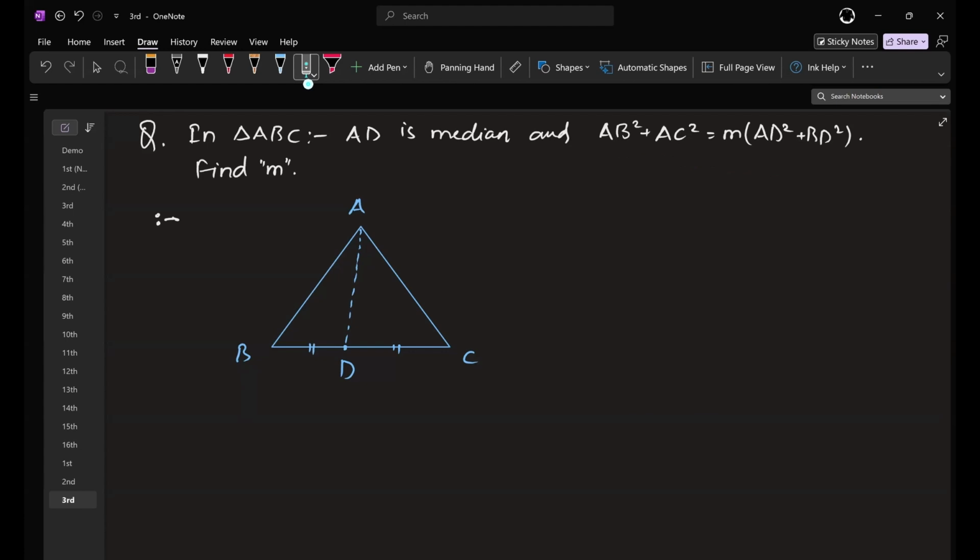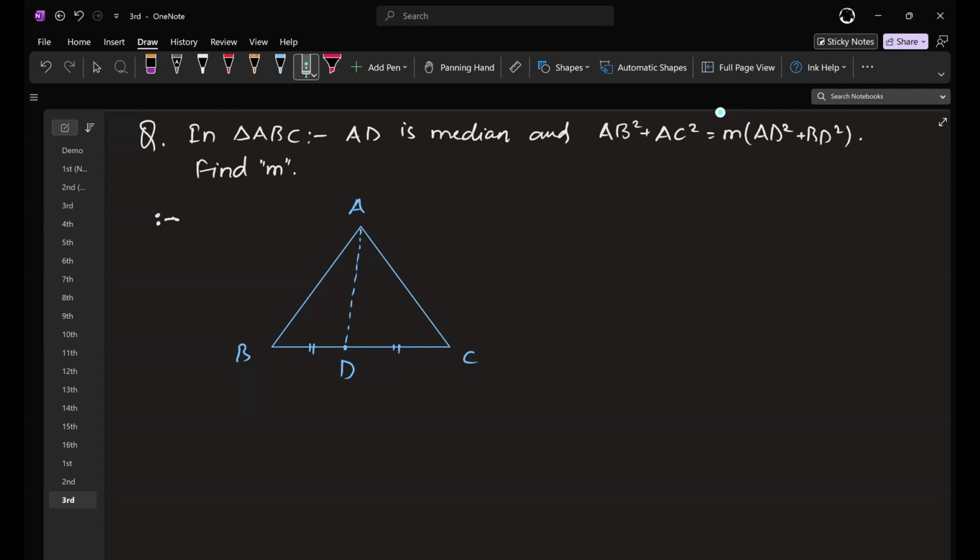If sufficient conditions are there to apply that theorem, we apply it. Otherwise we create those necessary conditions by making some constructions, and then try to derive the whole thing.